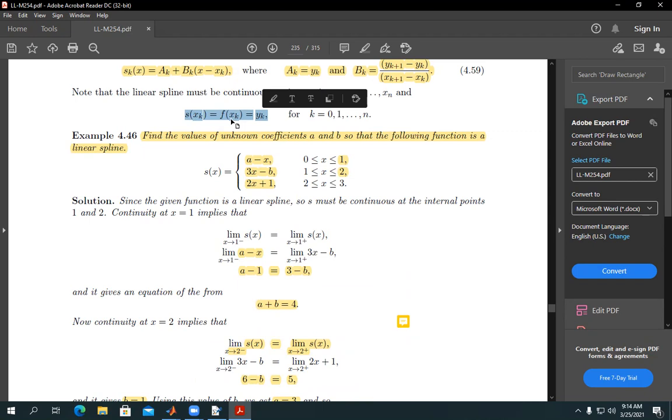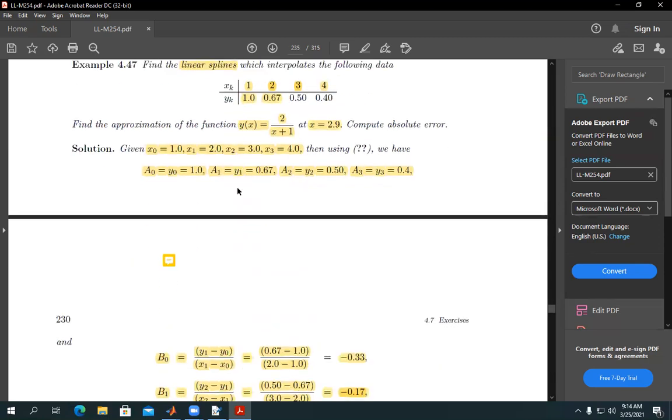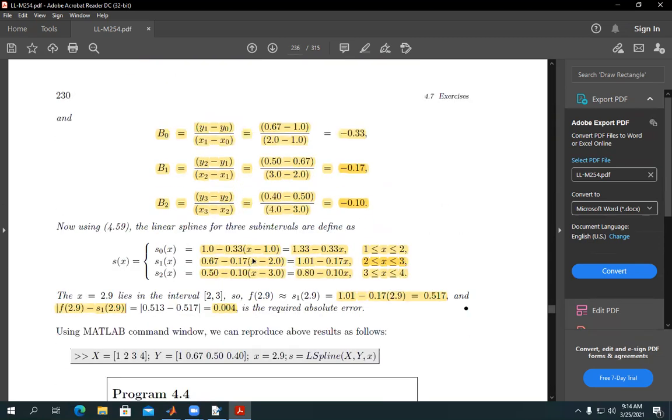If not, it means something is wrong with your calculation. When you find the subline values, that is what we finish. So he said find all the sublines. You have 4 points, which means you have 3 intervals, so you should have 3 subline functions, the linear interpolation. This is the linear polynomial you have here, because a subline means the linear polynomial for each subinterval.